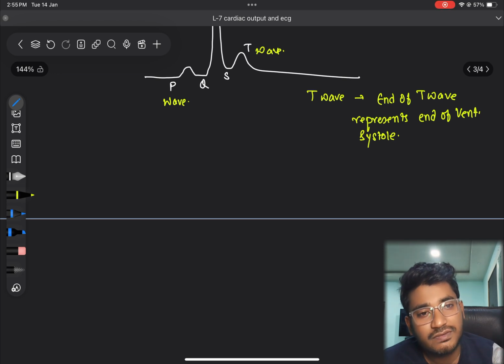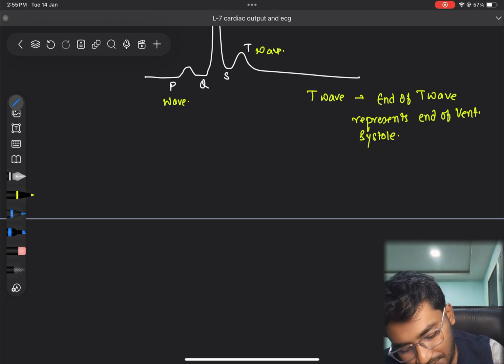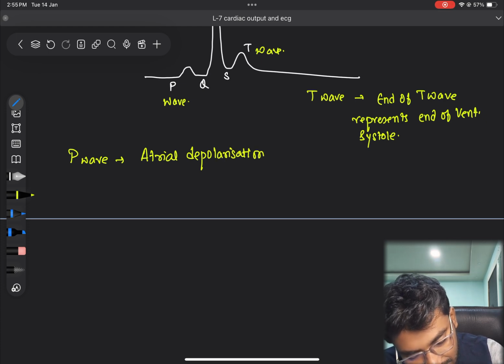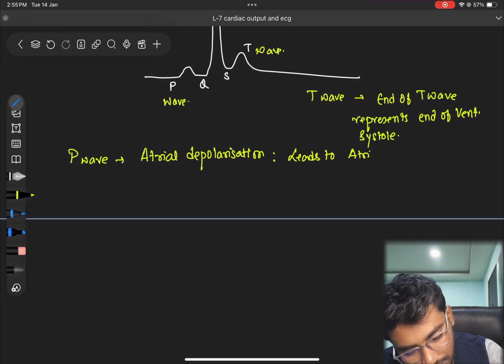Okay. Now, what does the P wave denote? The question comes from this only. The P wave signifies atrial depolarization, that is atrial contraction, which leads to atrial systole.